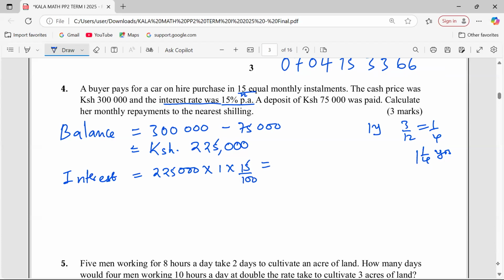What are we going to get? So this shall be an interest of 33,750.